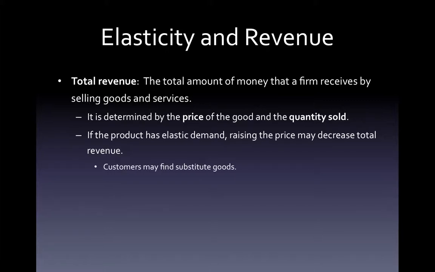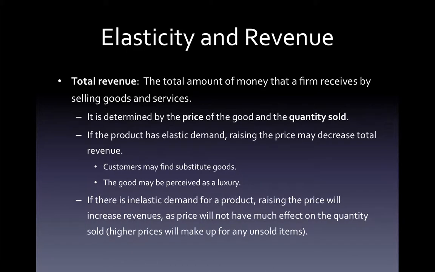Customers may find substitute goods, and the good may be perceived as a luxury. If there is inelastic demand for a product, raising the price will increase revenues, as price will not have much effect on the quantity sold. The higher prices will make up for any unsold items.